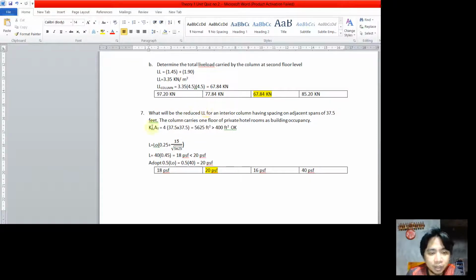So when that happens, therefore we'll just adopt our limit for that, and that is 20 PSF. Okay, so I would like to reiterate that we will not maintain a reduced live load of 18, but rather we'll just have to adopt the 50% LO, which is 20 PSF.